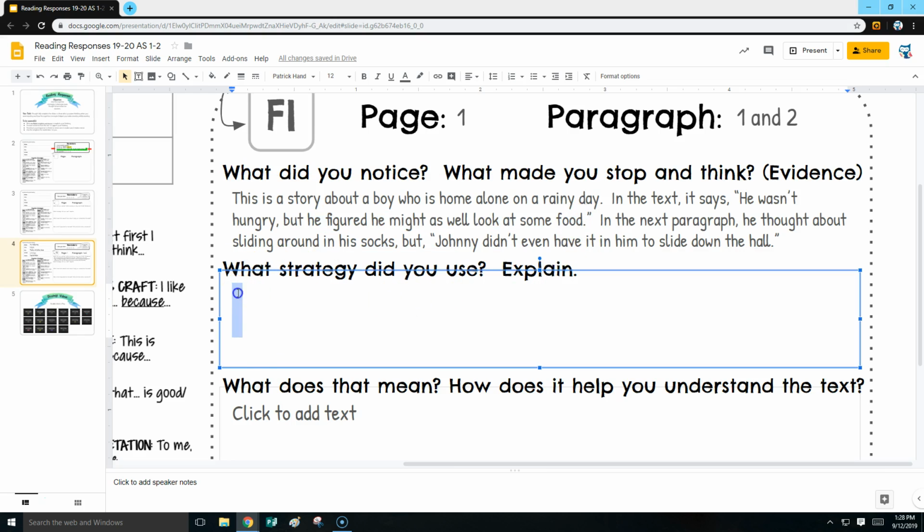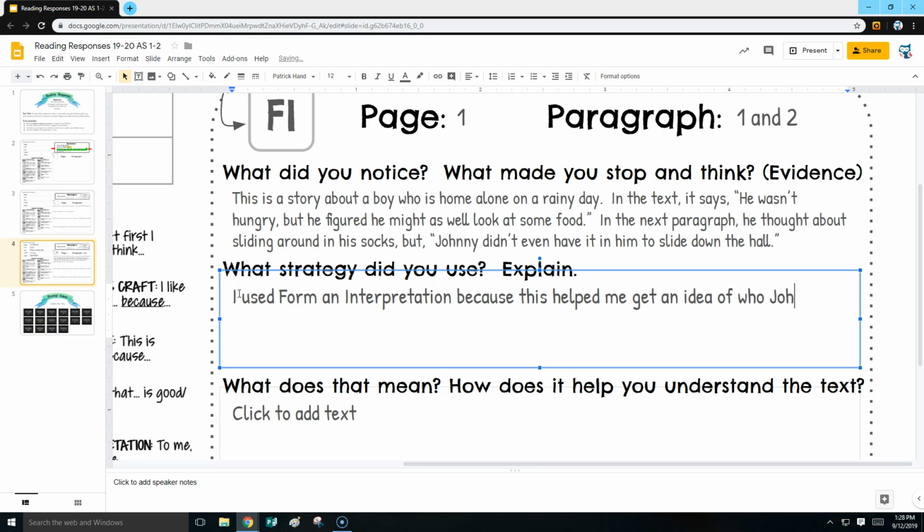Okay, now I'm going to talk about what strategy I used. I said I used form and interpretation because this helps me get an idea of who Johnny is and what he is like.